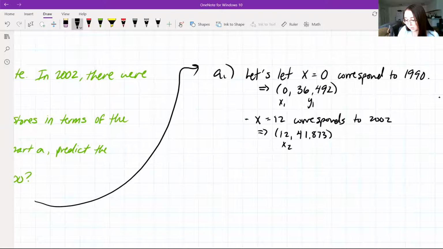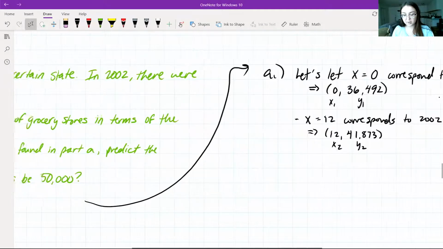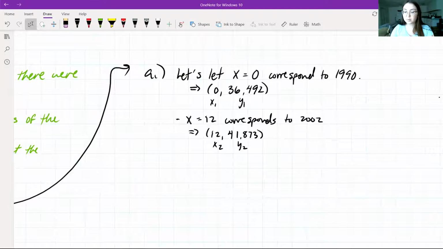And this will be our x2, y2. And for part A, we just want to create an equation. So we have a slope. We have our y-intercept, since we have a point that begins with 0, 36,492. That is considered our y-intercept.